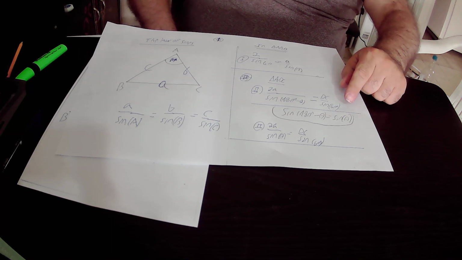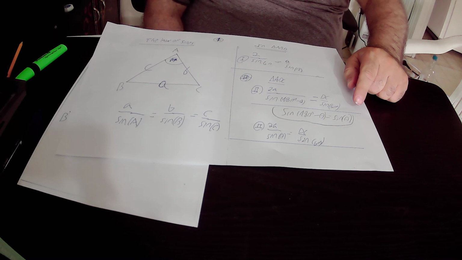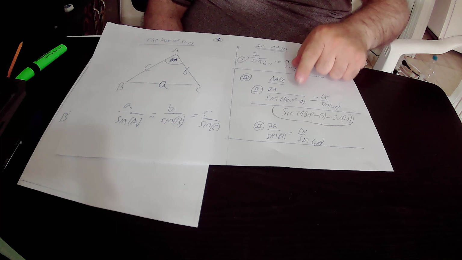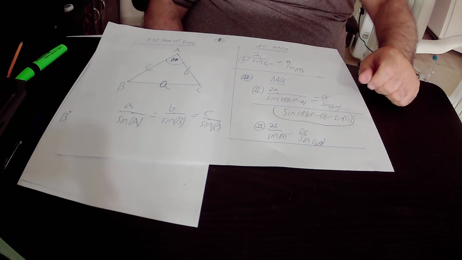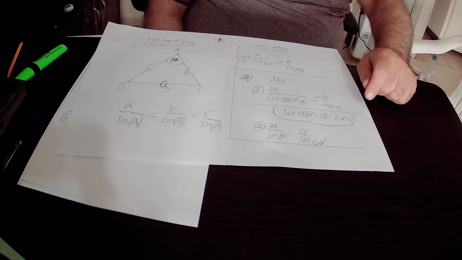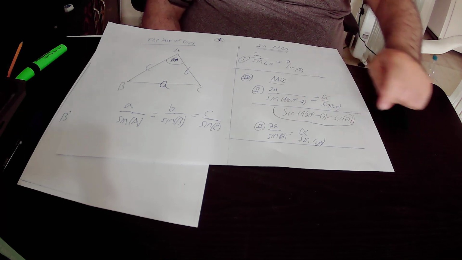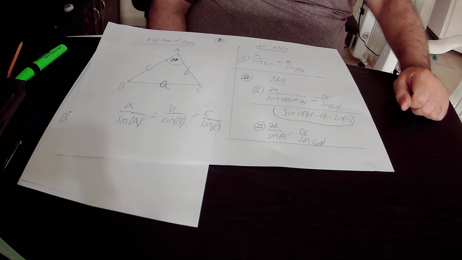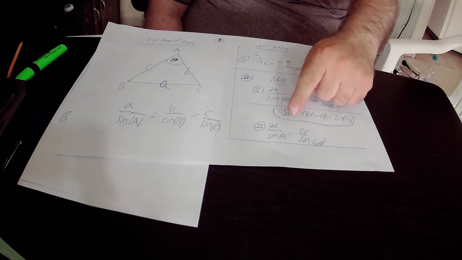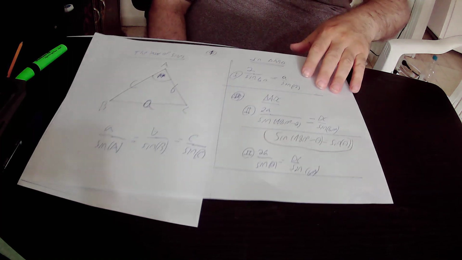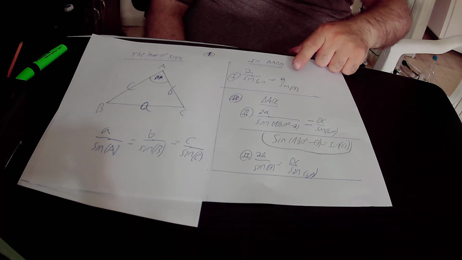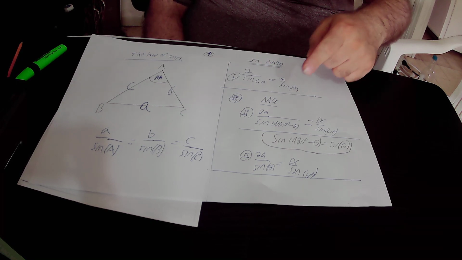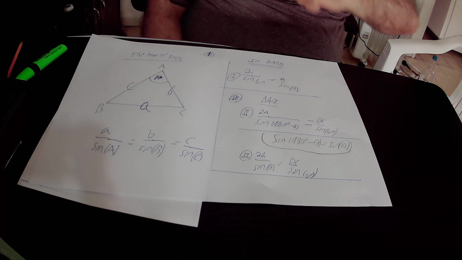We have the trigonometric identity that sine of 180 degrees minus theta equals sine theta, so we can substitute sine of 180 degrees minus theta by sine theta in equation number 2. We did it, and we got that 2 times a over sine theta equals DC over sine 60 degrees. Here we have a over sine theta in equation number 2, but a over sine theta according to equation number 1 equals 2 over sine 60 degrees, so we can substitute a over sine theta in equation number 2 by 2 over sine 60 degrees.